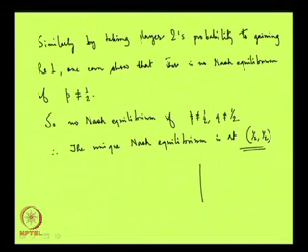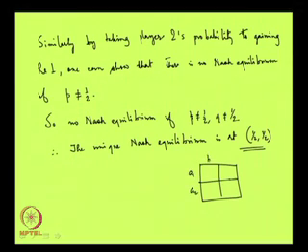For example, let us take the following game. So, this is A1, A2, B1, B2, and here let us suppose player 2 is playing this action with certainty.